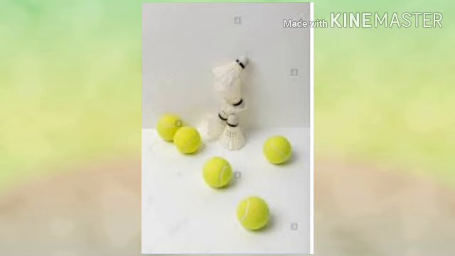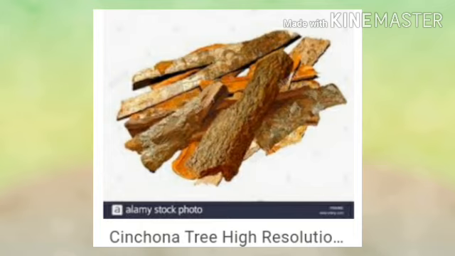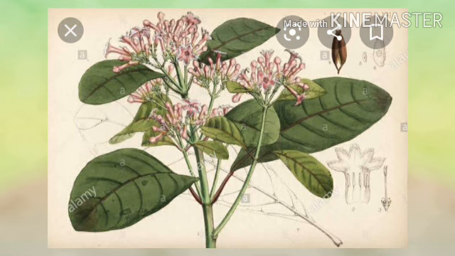The bark provides quinine, Taxol, and many other medicines. Quinine, an anti-malarial compound, is derived from the bark of the cinchona tree.